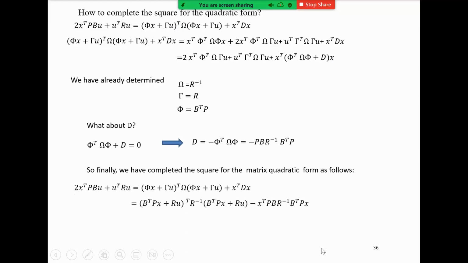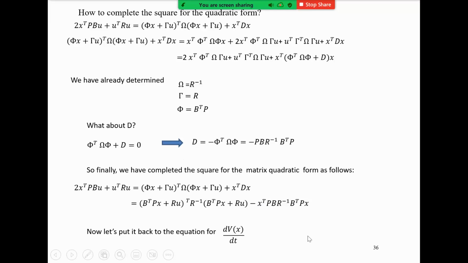Okay, now we plug in the expression of phi and gamma. It looks like a complicated form, but I just show you how we end up with this expression. It's just a completed square for the matrix and vectors.